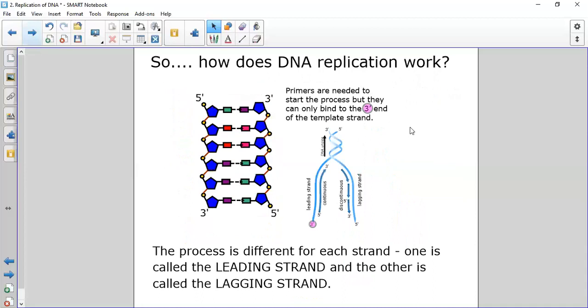Right, so how does it work? Okay, I'll just let you have a read of that. So sometimes the diagrams might say continuous and discontinuous, but this is where we get these terms leading strand and lagging strand.